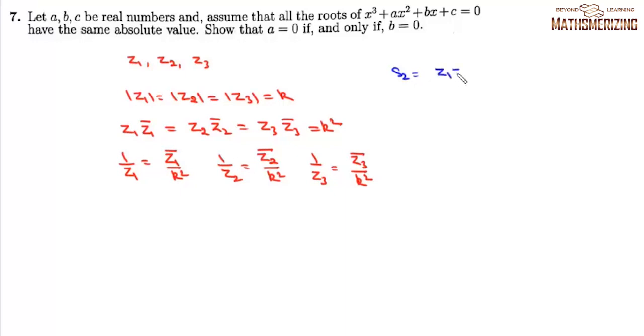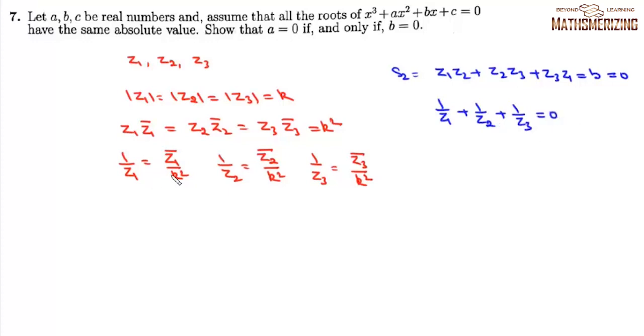So it will be Z1 Z2 plus Z2 Z3 plus Z3 Z1 and it will be equal to B, and suppose B is 0. So it will be 0. Now if we divide it by Z1 Z2 Z3, we can write 1 upon Z1 plus 1 upon Z2 plus 1 upon Z3 and it will be 0.